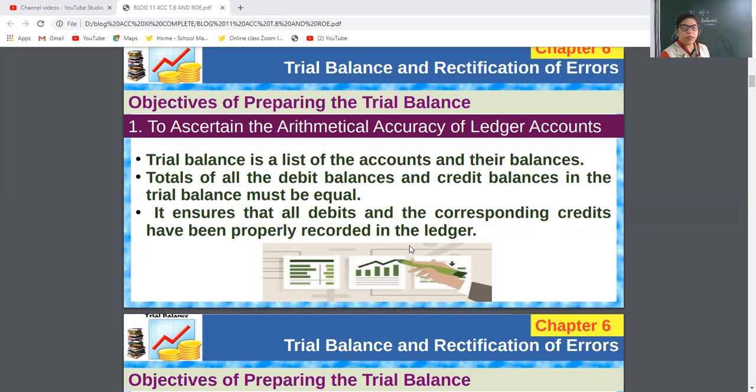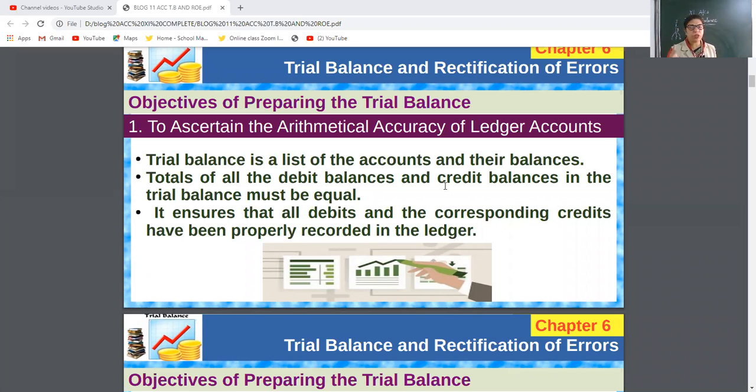So trial balance gives us the arithmetical accuracy of ledger account. It gives us assurance that up to here your work is perfect without errors. It ensures that all the debit balances and all the credit balances are properly recorded.